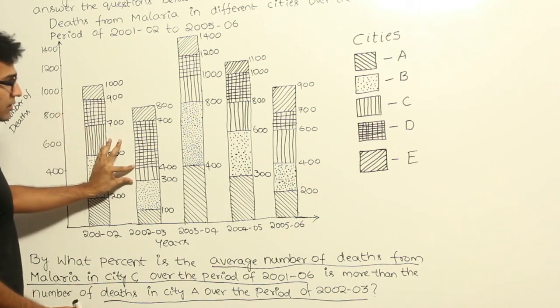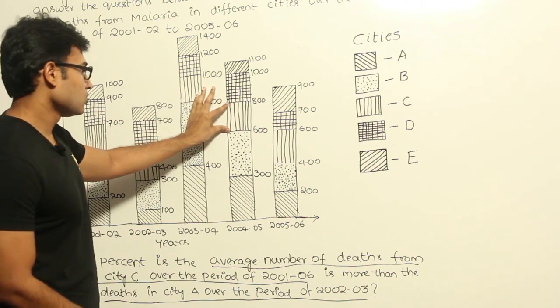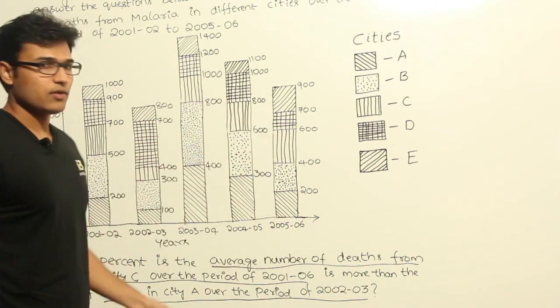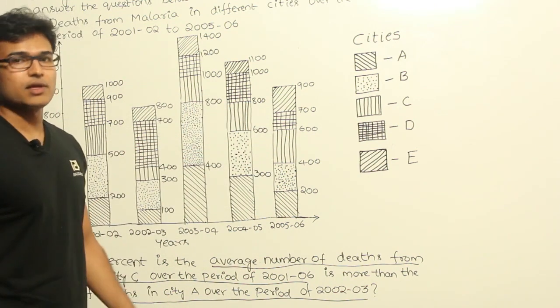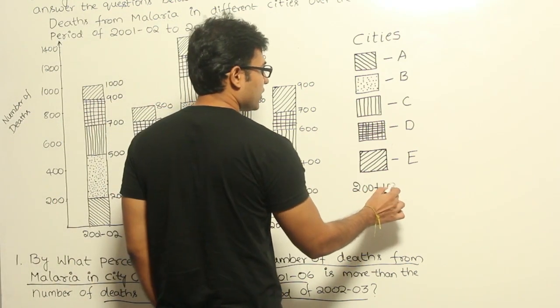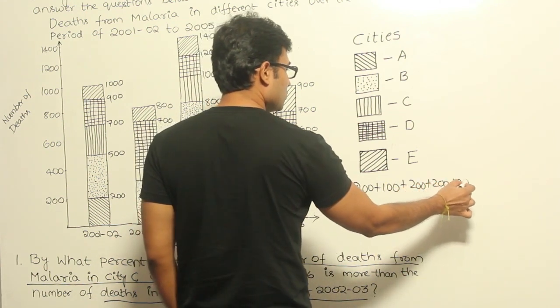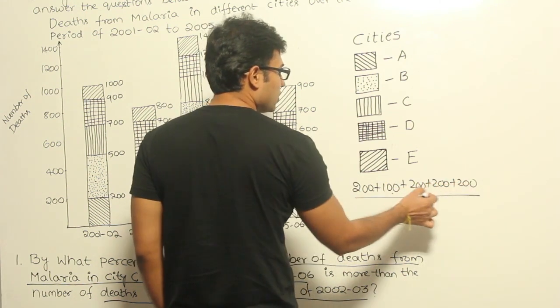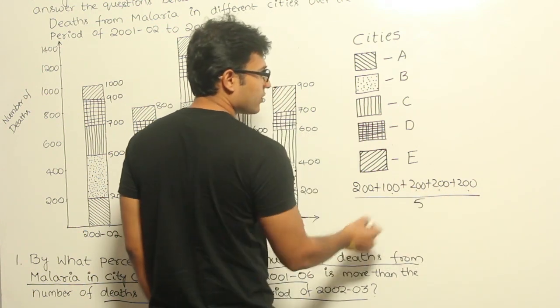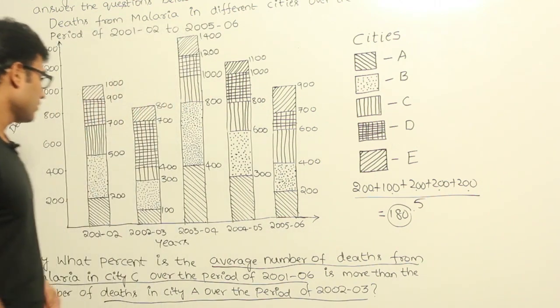Similarly here it is 100, and here it is 200, here it is 200, here it is 200. Now we have to find all these numbers and find the average. So it is going to be 200 plus 100 plus 200 plus 200 plus 200 divided by 5. If you find the average, you will get 180. So that is what we got here.